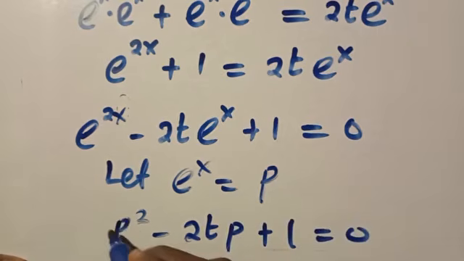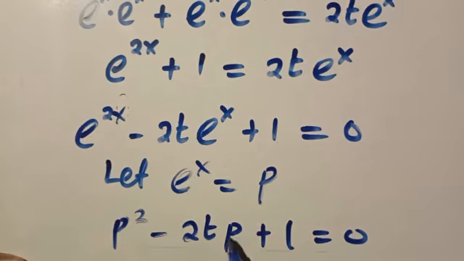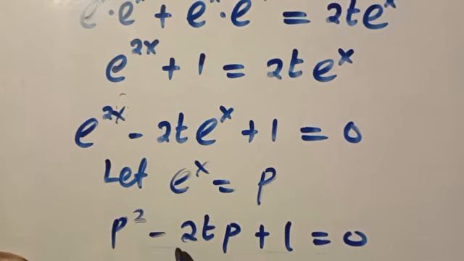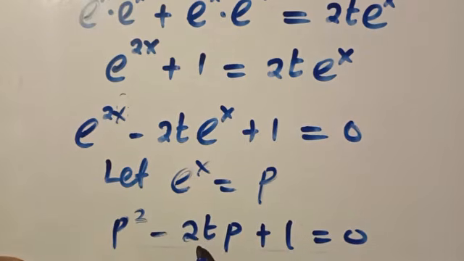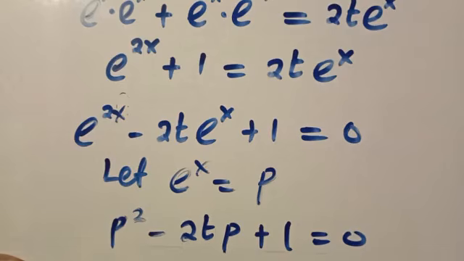This is now looking good as a quadratic because there is a power of 2 on p. It is p that we are going to find, not t, so this 2t is just like the coefficient of p. Let's see how we get the value of p out of this and find the value of x.